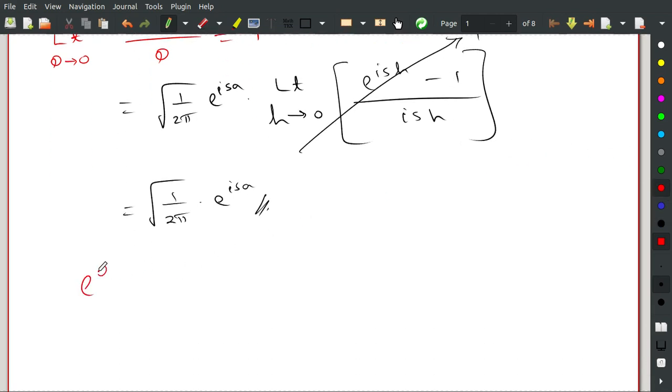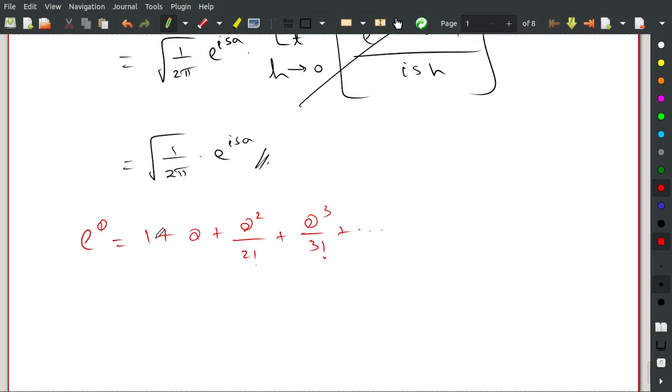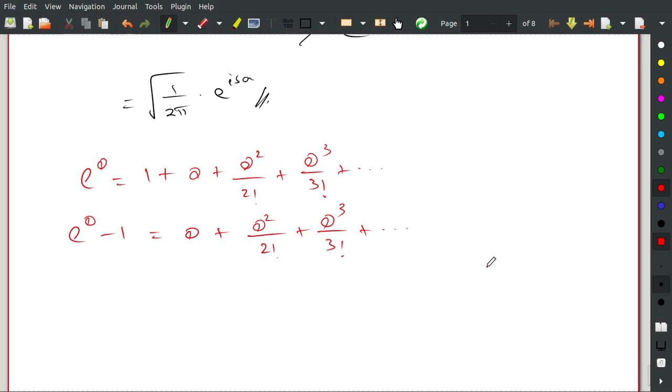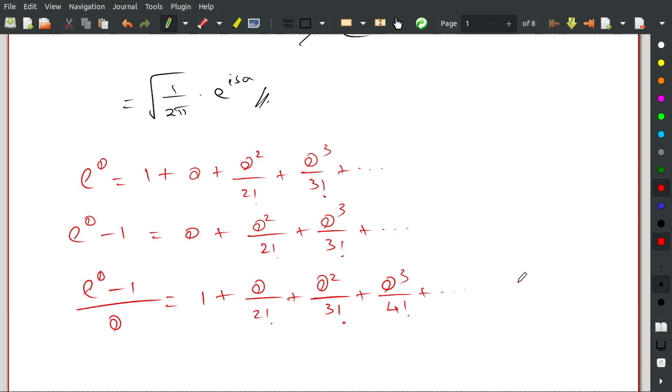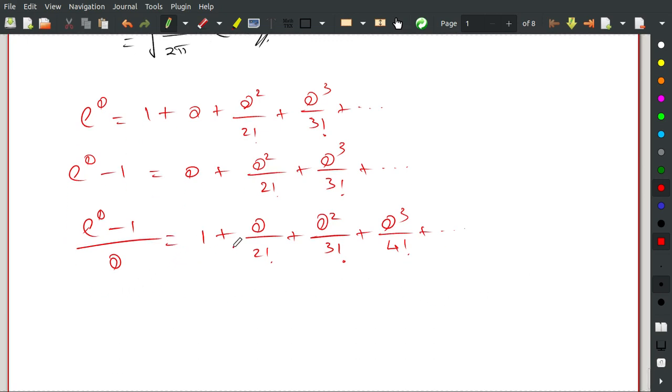We know that e power theta equals 1 plus theta square by 2 factorial plus theta cube by 3 factorial plus etc. Taking the 1 to this side, we have e power theta minus 1 equal to theta plus theta square by 2 factorial plus theta cube by 3 factorial plus etc. Now I am dividing the whole equation by theta, therefore e power theta minus 1 divided by theta equals 1 plus theta by 2 factorial plus theta square by 3 factorial plus theta cube by 4 factorial plus etc.